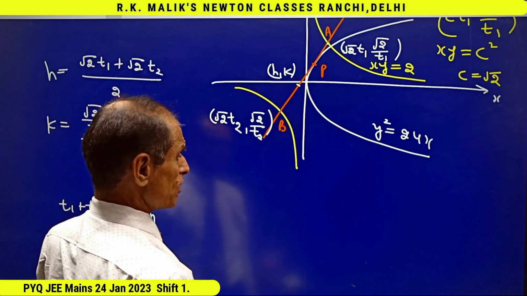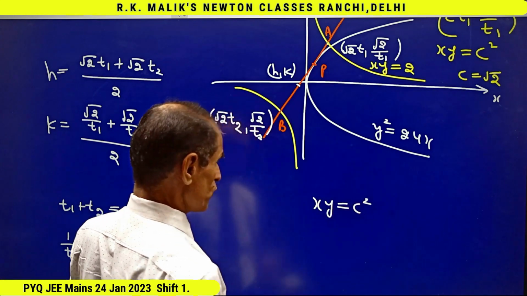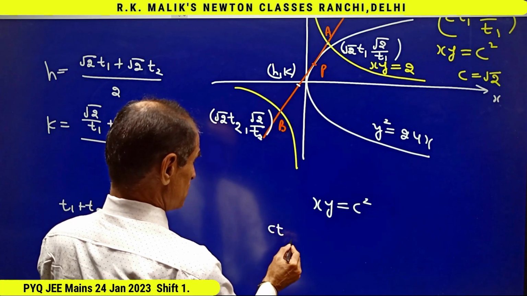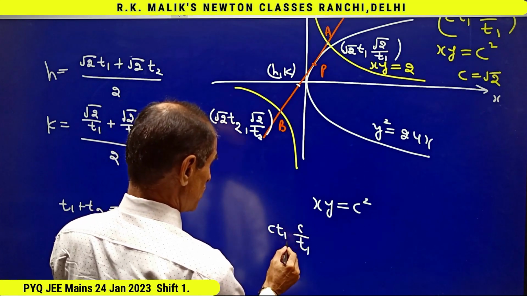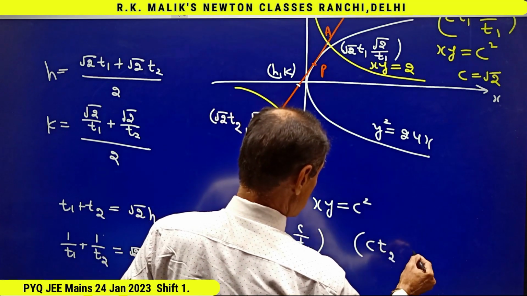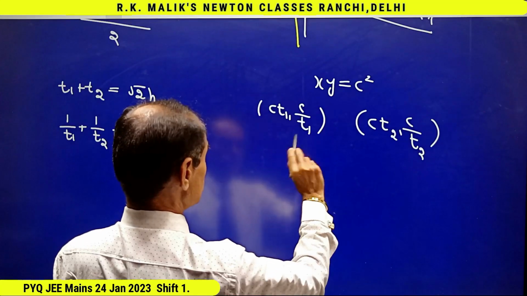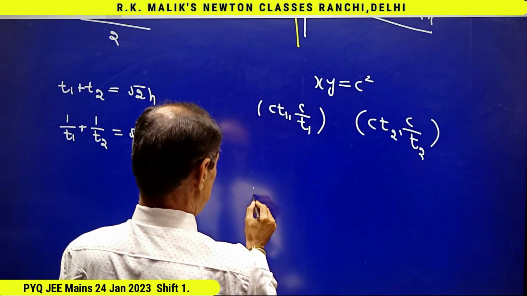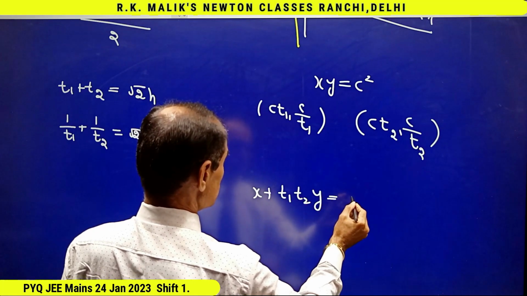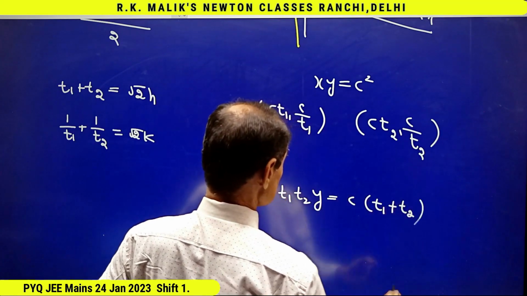From the standard formula, for the hyperbola xy equal to c square, we know that the equation of the line joining the 2 points ct1, c by t1 and ct2, c by t2 is x plus t1 t2 into y equal to c into t1 plus t2.